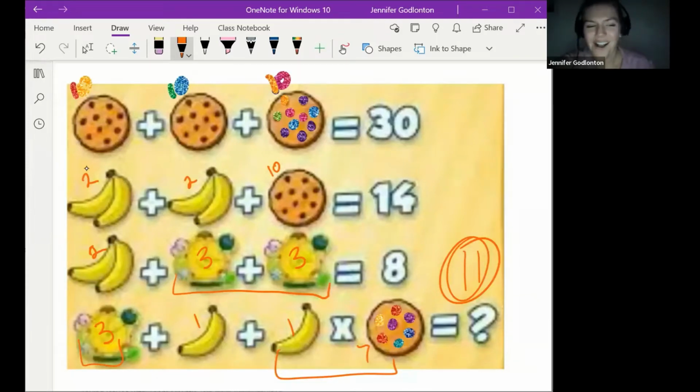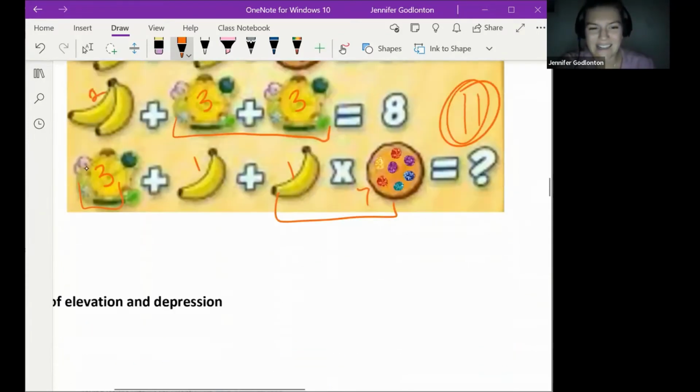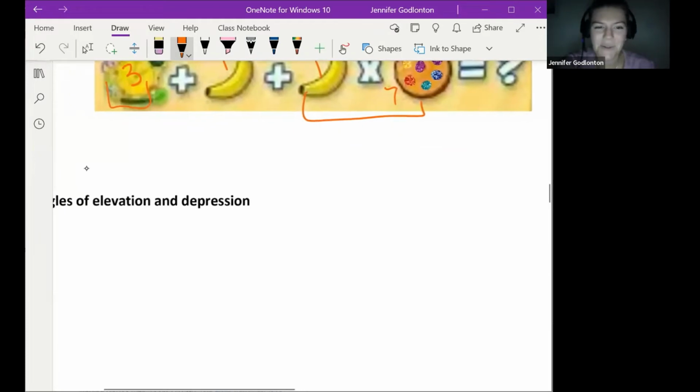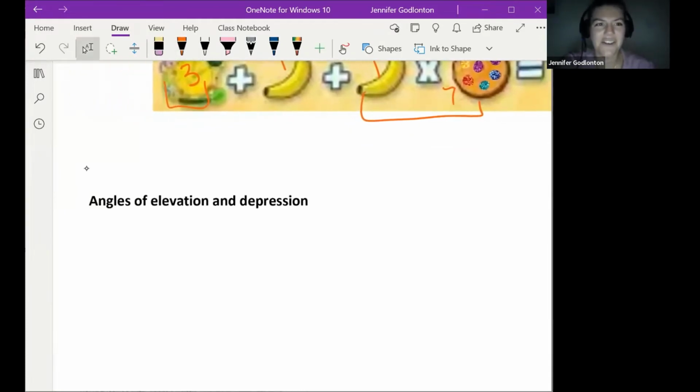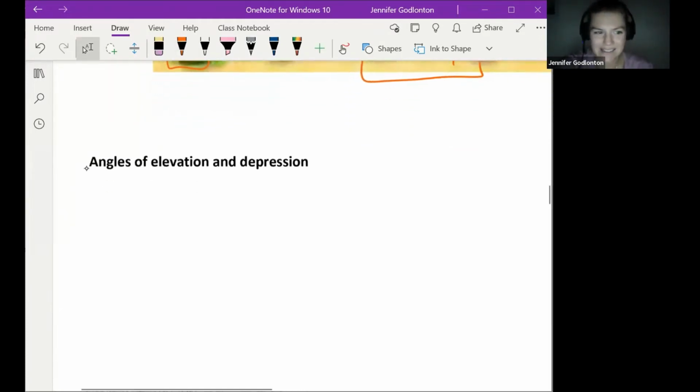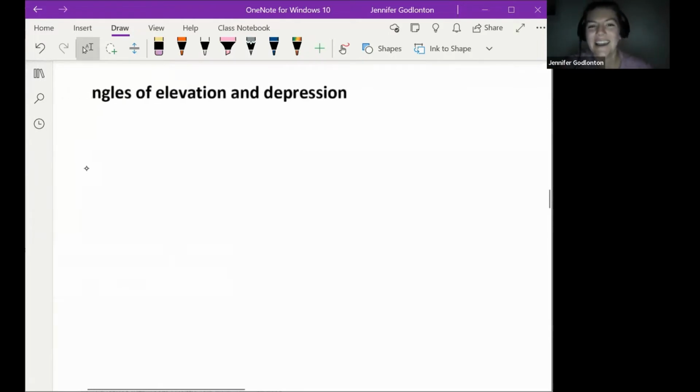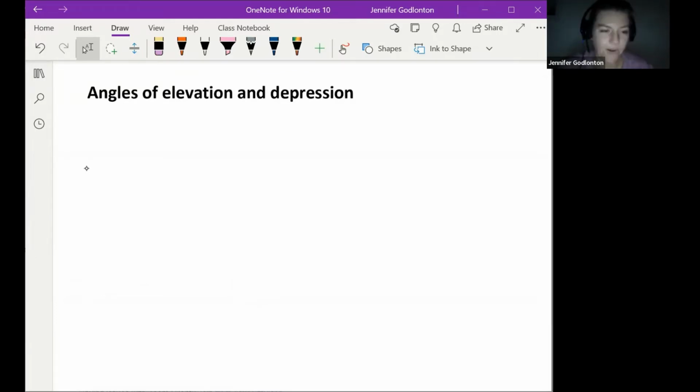Okay, onto the trig train. We are going to talk about angles of elevation and depression today. Just looking at these words, if we only were to use the words up and down, would elevation be up or down? And would depression be up or down?